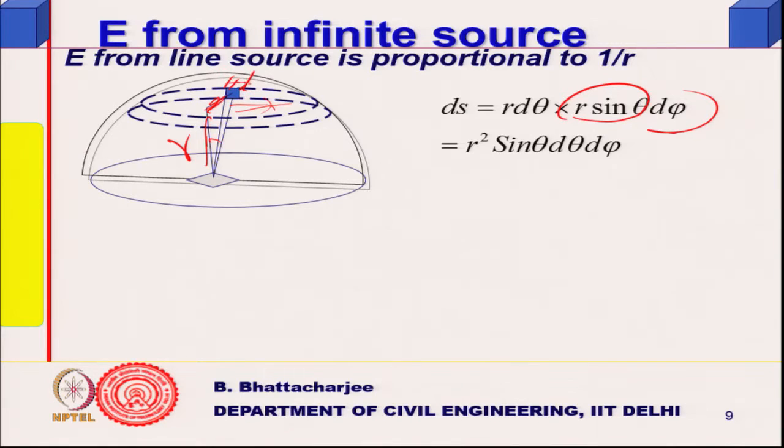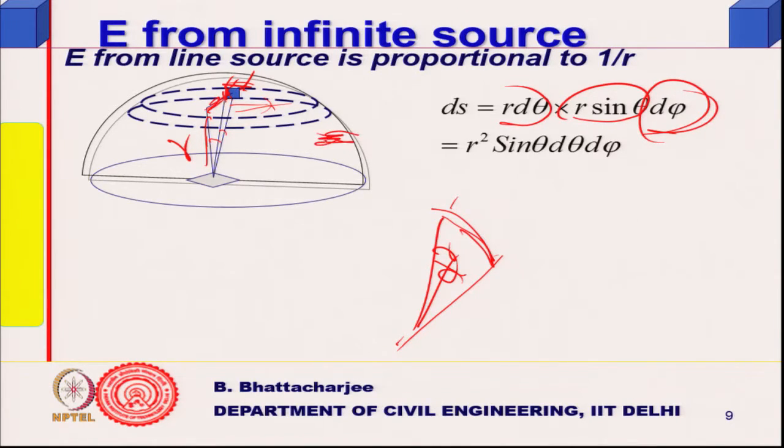And the vertical height will be how much? r d theta, because the theta angle is this angle, and this is the surface I am looking at. So, this is r d theta, right, the elevation angle changing by d theta, because this circle could have been somewhere there.